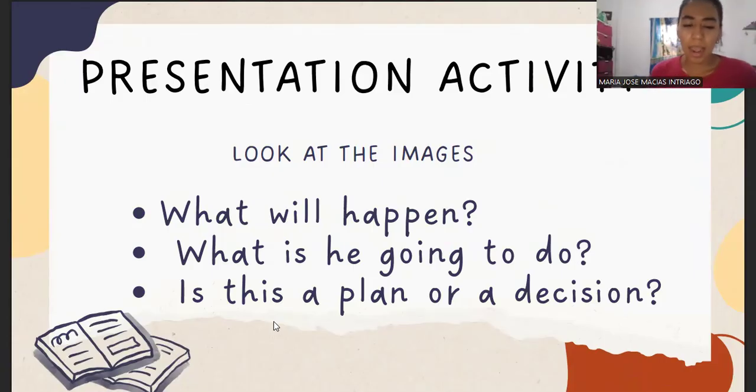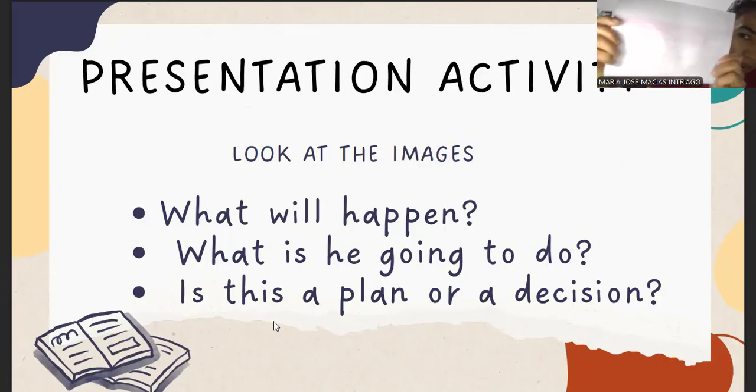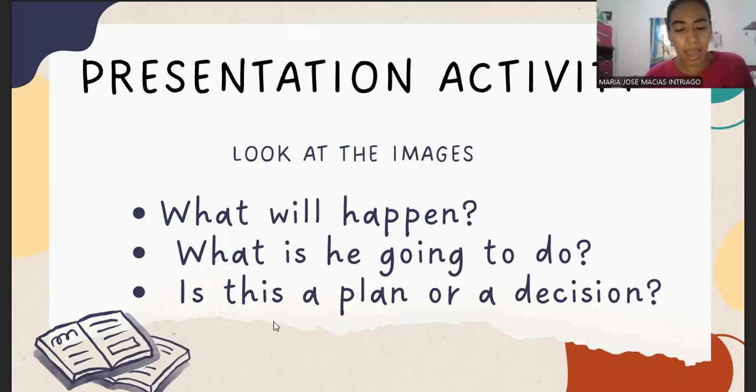For example, I show a picture and ask, what will happen? Then the students read the clues. And then I show a person making a decision right now.